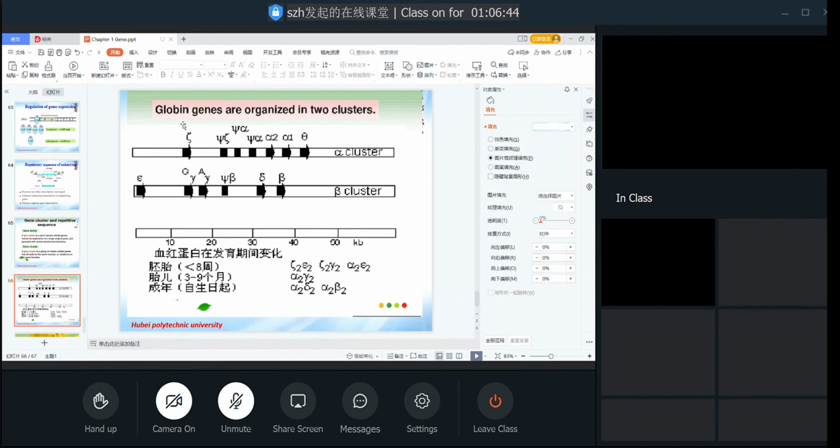For example, globin: you can see alpha, beta, gamma, tau and so on. The function is the same thing. This is the gene family.